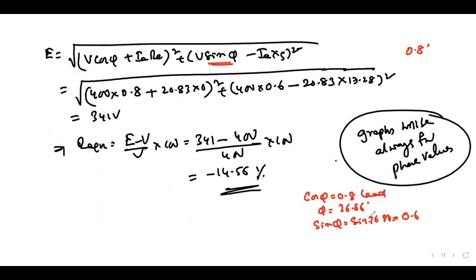Sir, you said in the compounding characteristic that as load increases the voltage decreases, and for the leading power factor, if load increases, voltage increases. Then for the lagging power factor, if load increases, what will happen to the voltage?